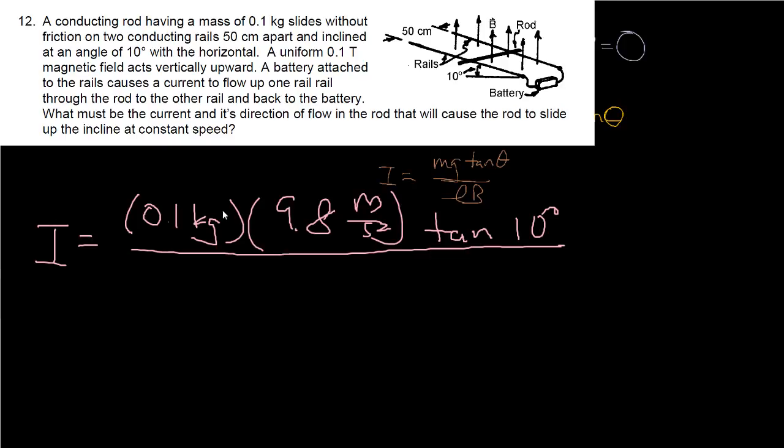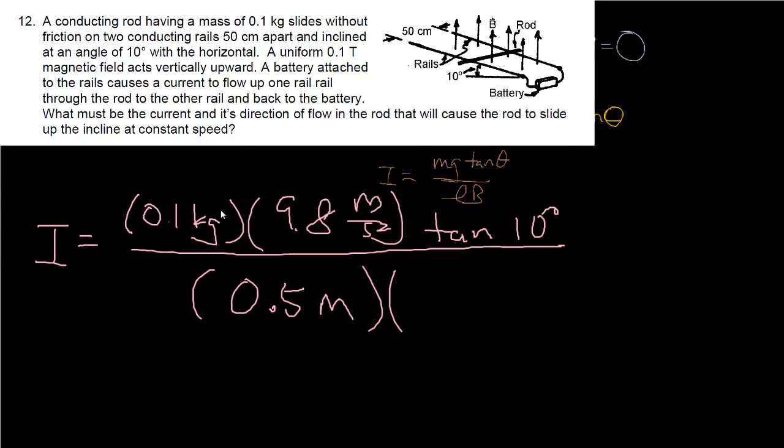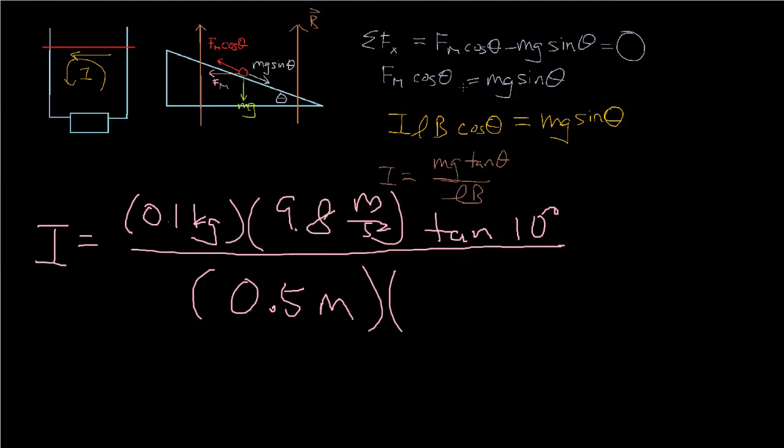At least the rails are 50 centimeters apart, and that's where the current is flowing through. So that's all we need to worry about. Centimeters is not what we need, we need meters, so that's 0.5 meters. Then we need to know our magnetic field, which is 0.1 Tesla.